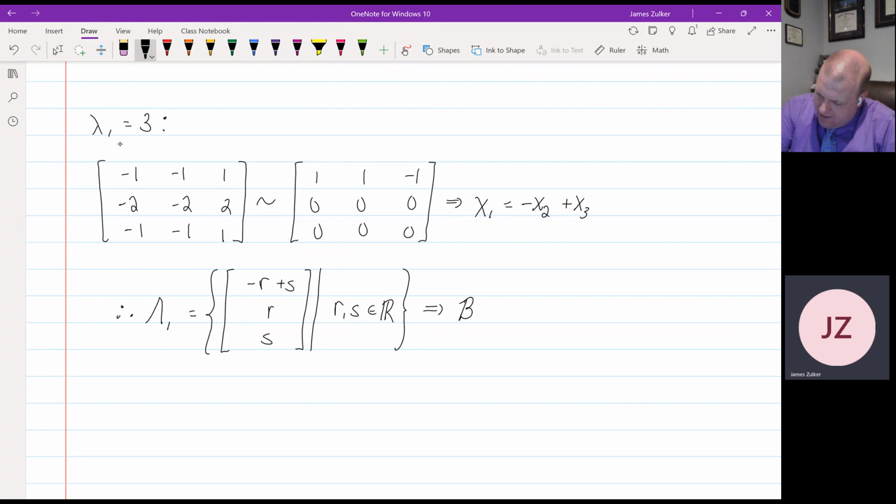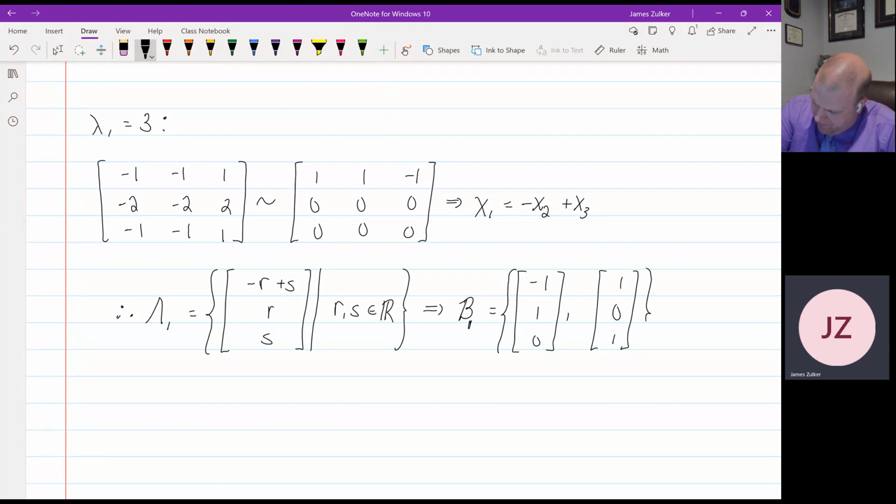So to form a basis, let r be 1 and s be 0. Now let s be 1 and r be 0. So there is a basis for this eigenspace.